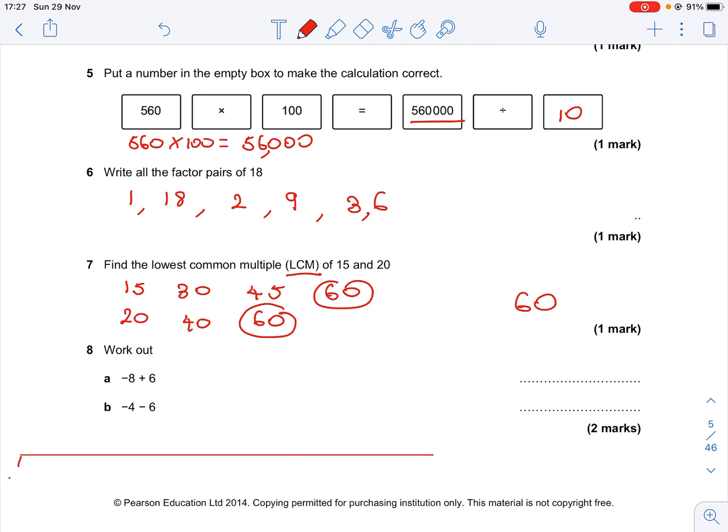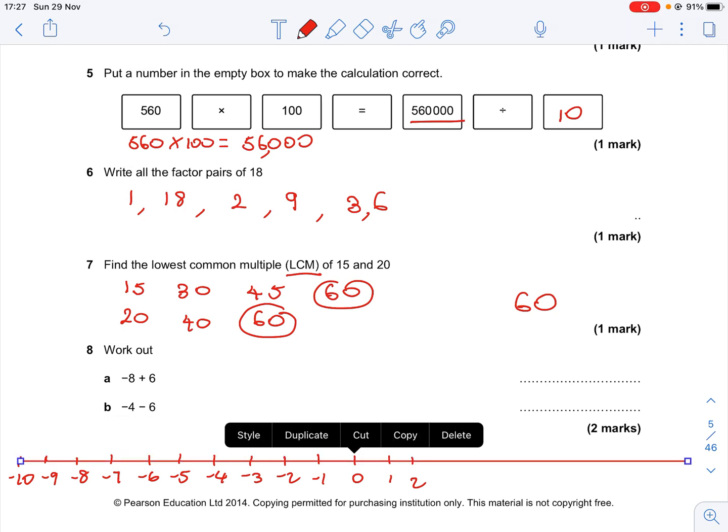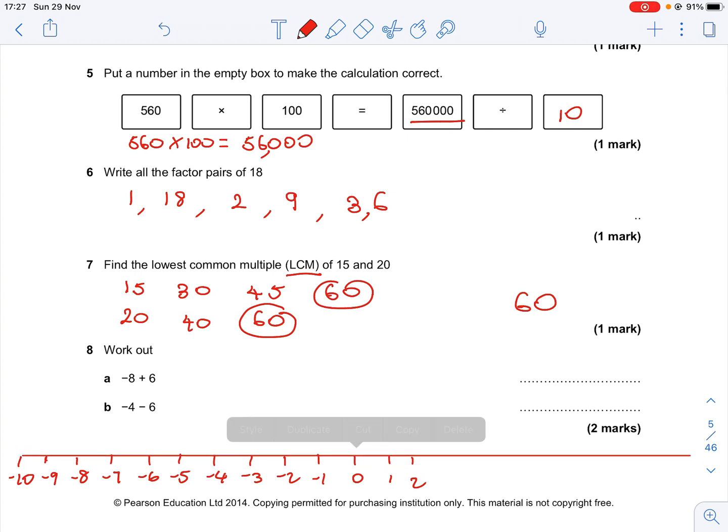So we have -10, -9, -8, -7, -6, -5, -4, -3, -2, -1, 0, 1, 2, 3, 4, 5, 6, 7, 8, 9, 10.